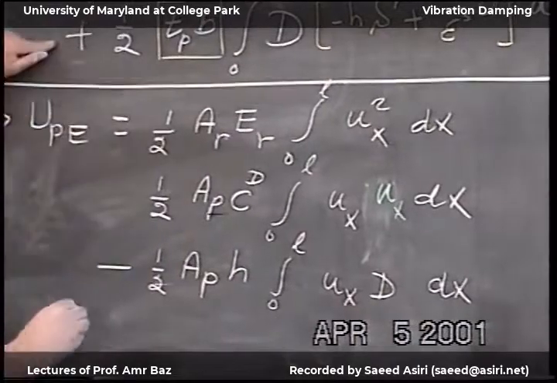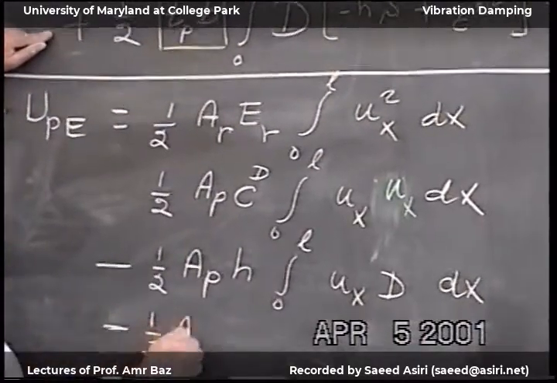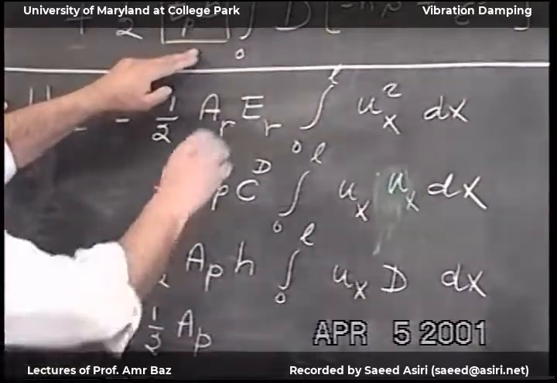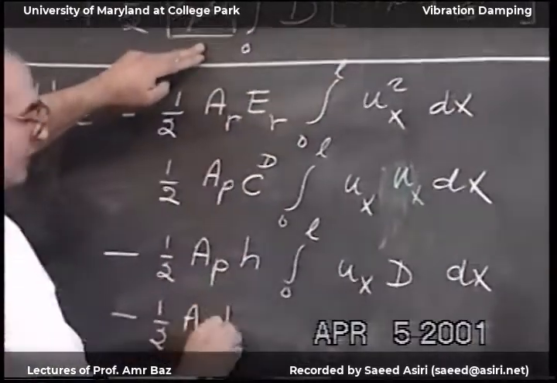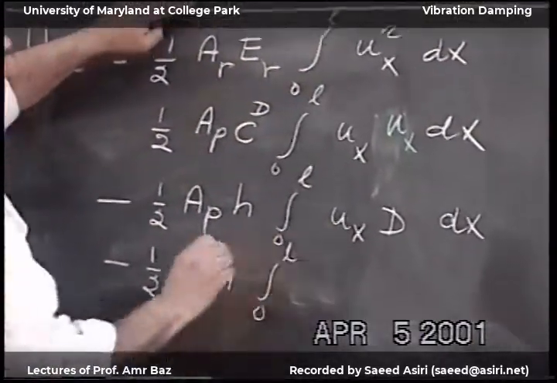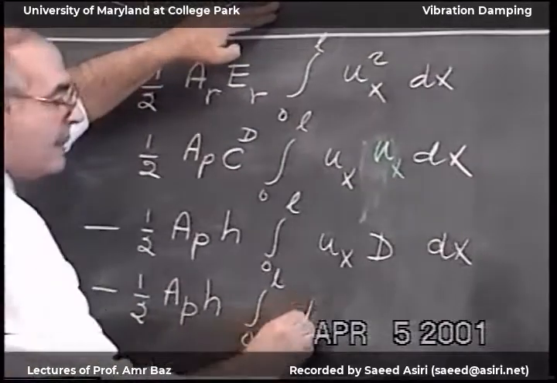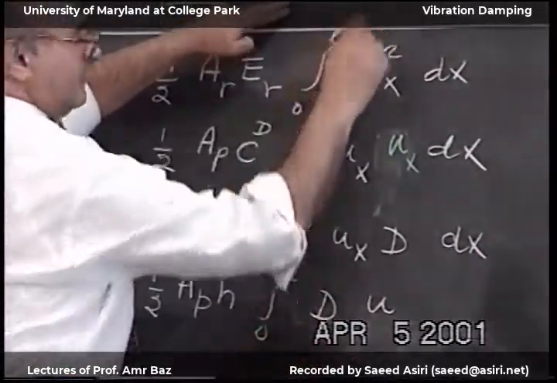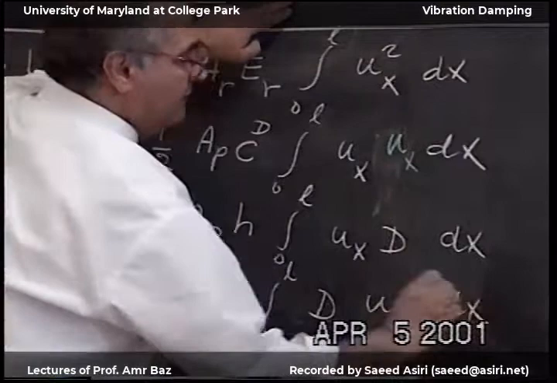And then I have another half AP times H, I'll take this H out, integral from 0 to L of D U of X dx.